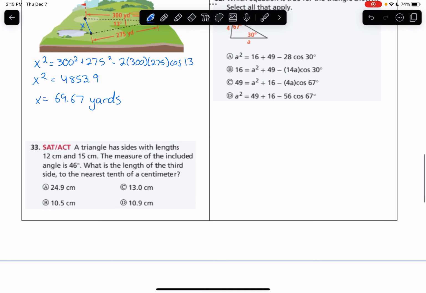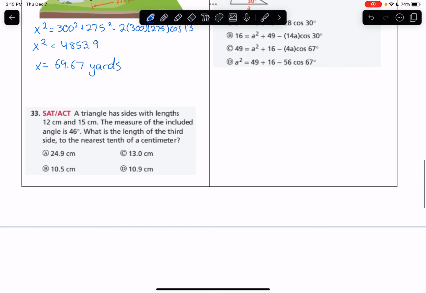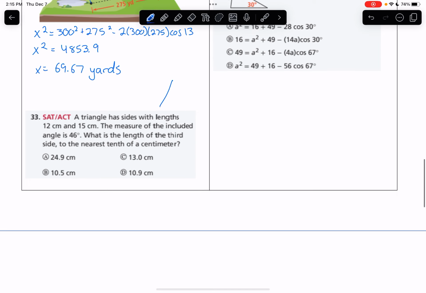Number 13, a triangle has side lengths of 12 centimeters and 15 centimeters. The measure of the included angle is 46 degrees. What is the length of the third side to the nearest centimeter? Same as the question above. You might want to draw this for yourself if you need, but we would set up the triangle. We've got 12 and 15, and the included angle is 46.